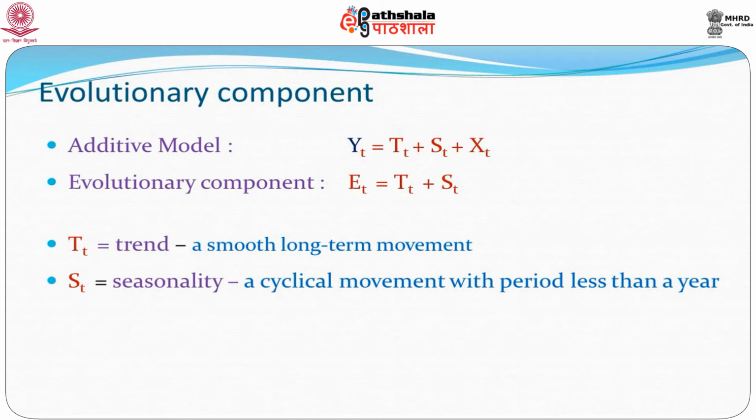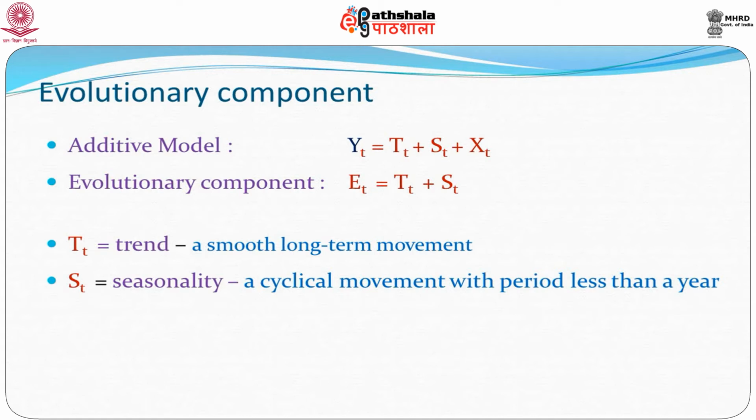So, let us look at an example. A particular shop is increasing its sales over the years. We will call this an increasing trend for the sales of the particular commodities that the shop sells.